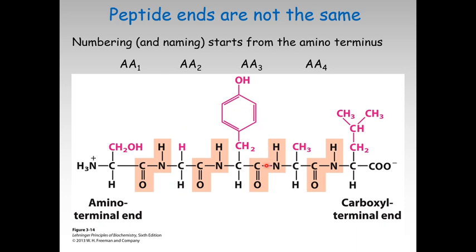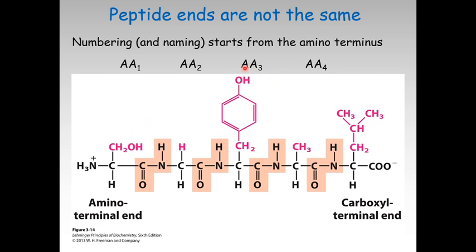Now, which amino acid side chain has an ionizable functional group? And it is tyrosine, right? Tyrosine is the only amino acid in this peptide that has an ionizable functional group, and that is this hydroxy. This is because phenyl hydroxy is much more acidic than the alkyl hydroxy.